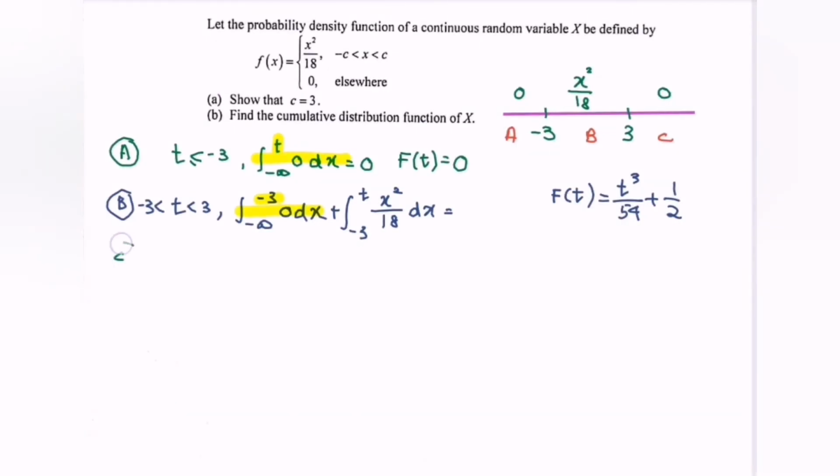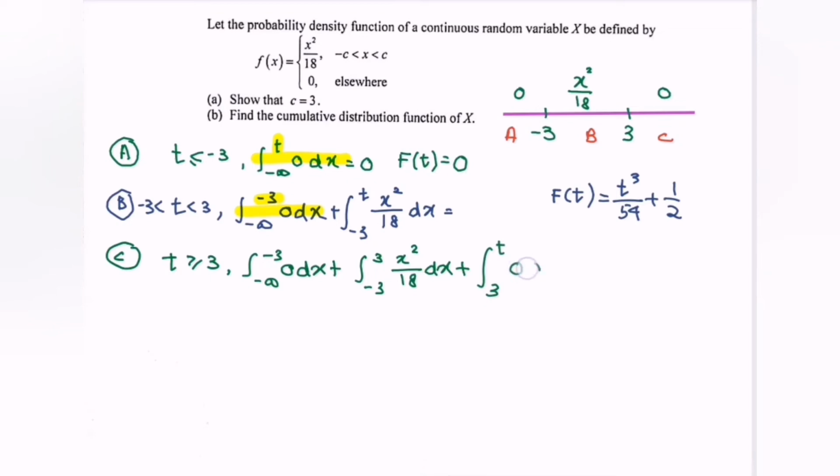Next, for part C, where we have the domain t greater than or equal to 3. As usual, integrate from negative infinity until negative 3 the function 0 dx, plus integrate from negative 3 until 3 the function x squared over 18 with respect to x, plus integrate from 3 until t the function 0 dx. Kindly refer to this part, and we notice that it is the same as this part, just that here we had t, now we have 3.